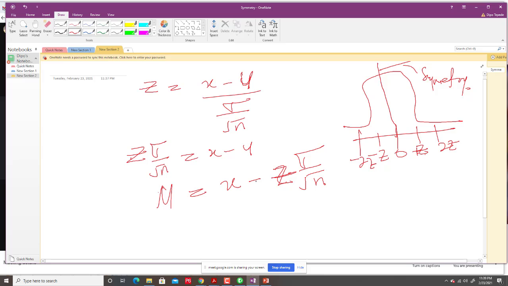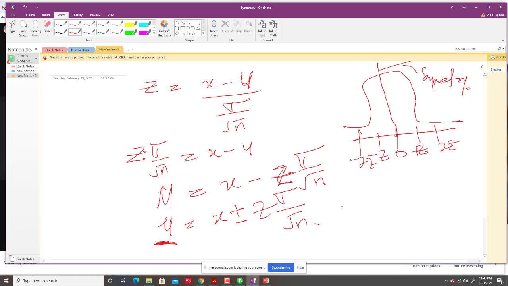So that means this minus Z could also be written like this: mu will be x plus or minus Z sigma over square root of n, because you can have either value. So in trying to find the population mean, we can now spread it out.